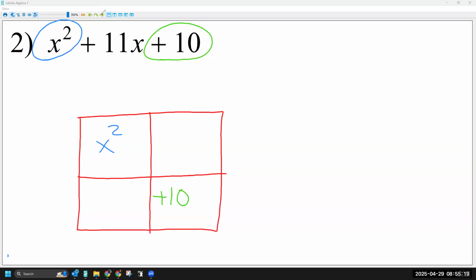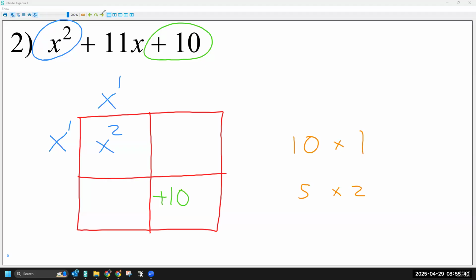What multiplies to make x squared? x and x. Now, what multiplies to make 10 would be 10 times 1 or 5 times 2.